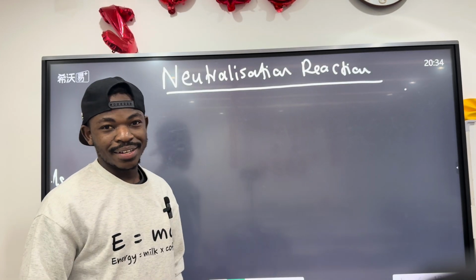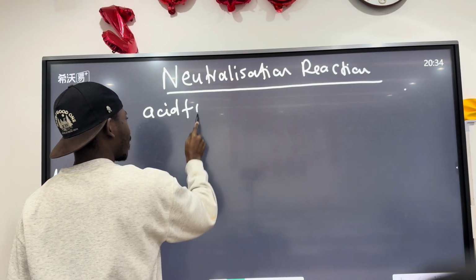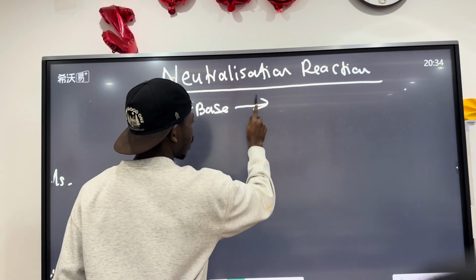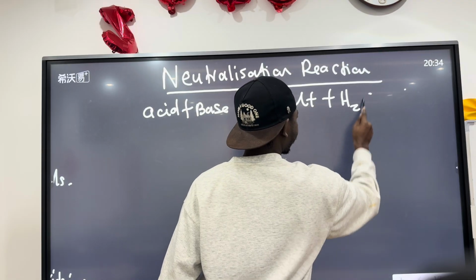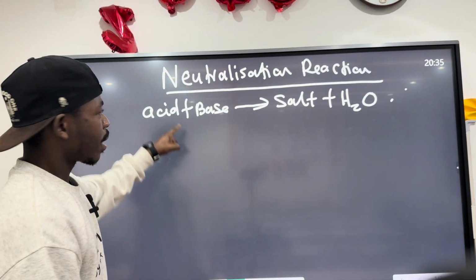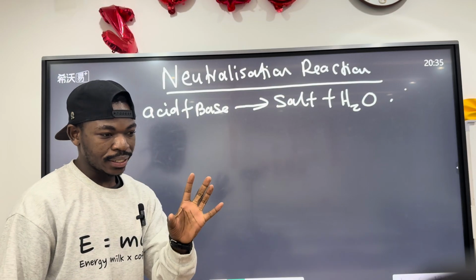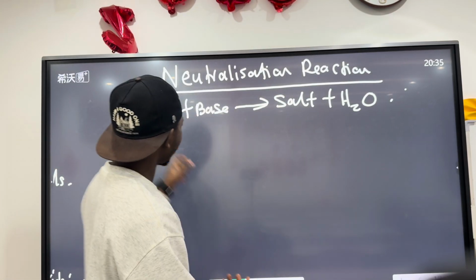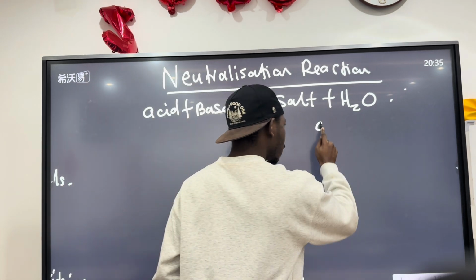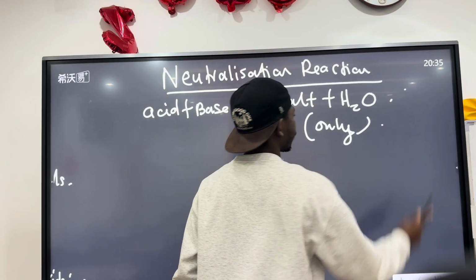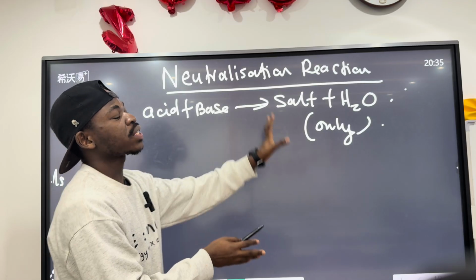This is very easy because we already know that an acid reacts with a base to form what? Salt and water. This reaction is called a neutralization reaction. So a neutralization reaction is a reaction between an acid and a base to form salt and water only. So in a neutralization reaction, we should form salt and water only.